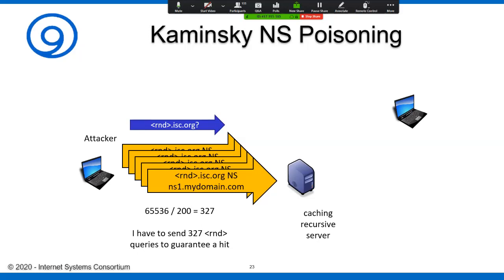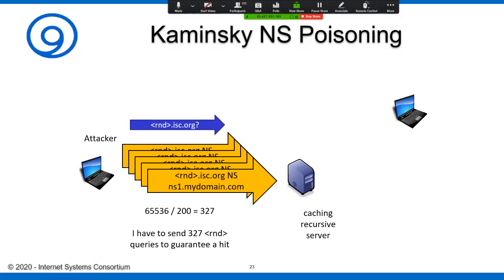The bad guy sets up his server at ns1.mydomain.com, and the answer that he gives back is whatever he wants, anywhere within isc.org. So it's not just attacking www.isc.org, it's also attacking vpnendpoint.isc.org. It's also taking over securepaypalinterface.isc.org. Anything within isc.org is now taken over by the bad guy.